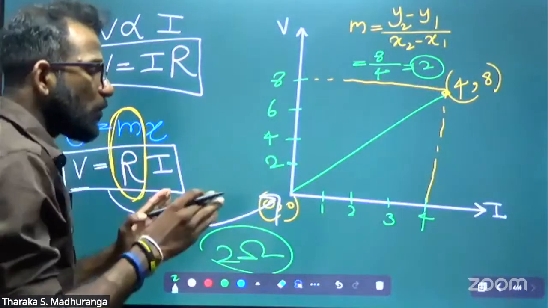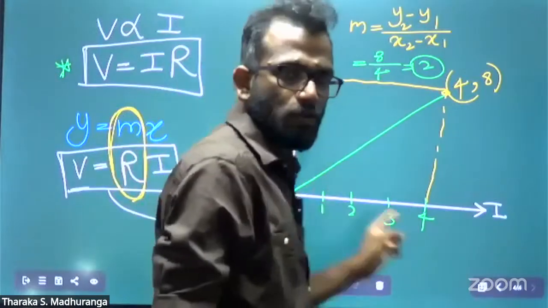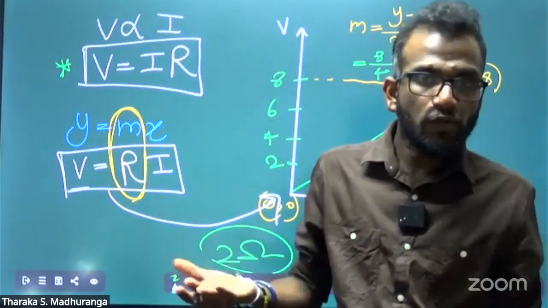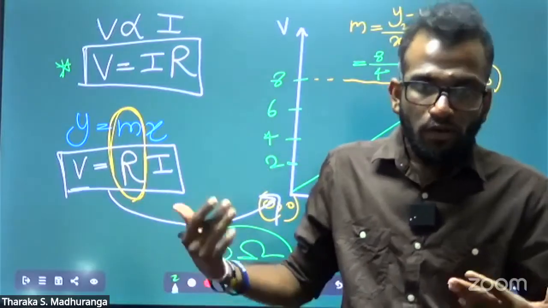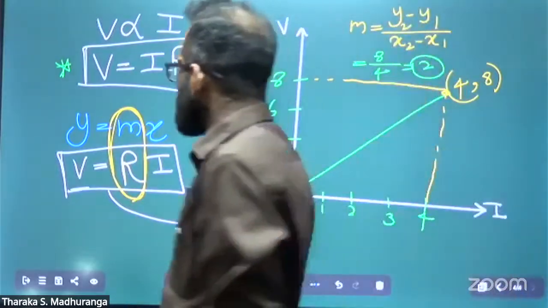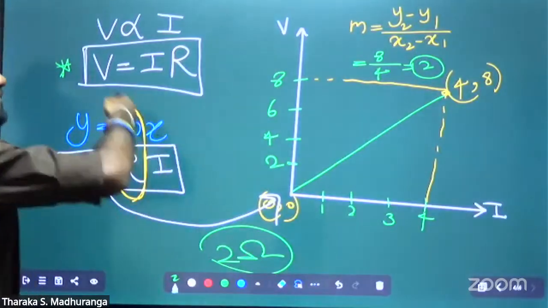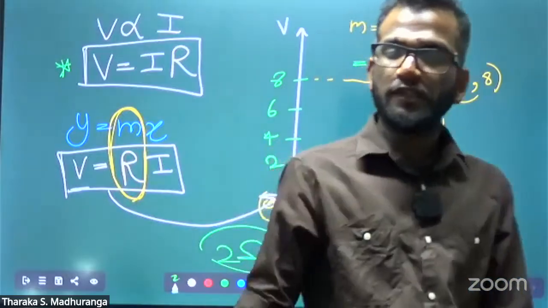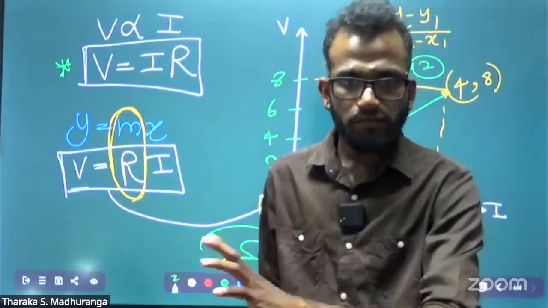If a straight line goes through the origin, there is no intercept. The intercept, the y-axis cutting point, is 0. Then y equals mx is the equation of this graph.